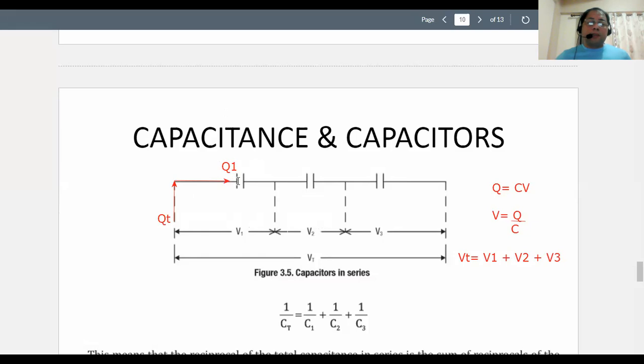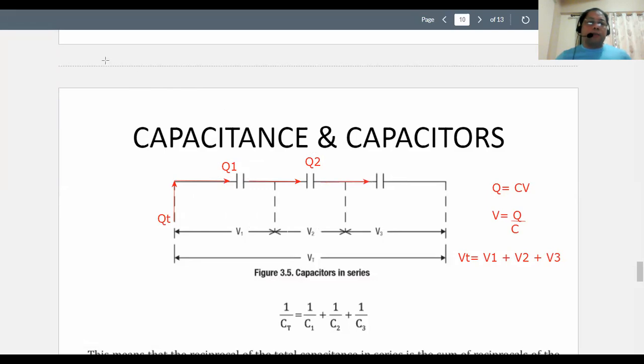It comes out, and next enters capacitor 2, then leaves capacitor 2 and proceeds to capacitor 3.